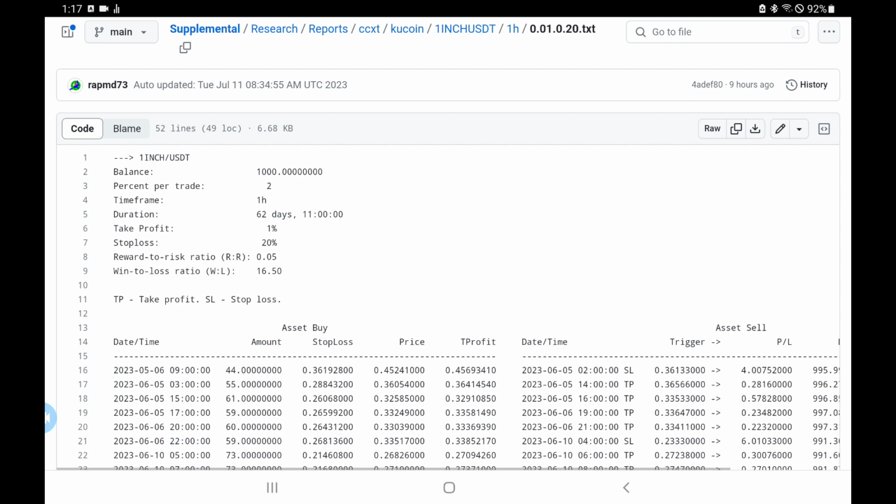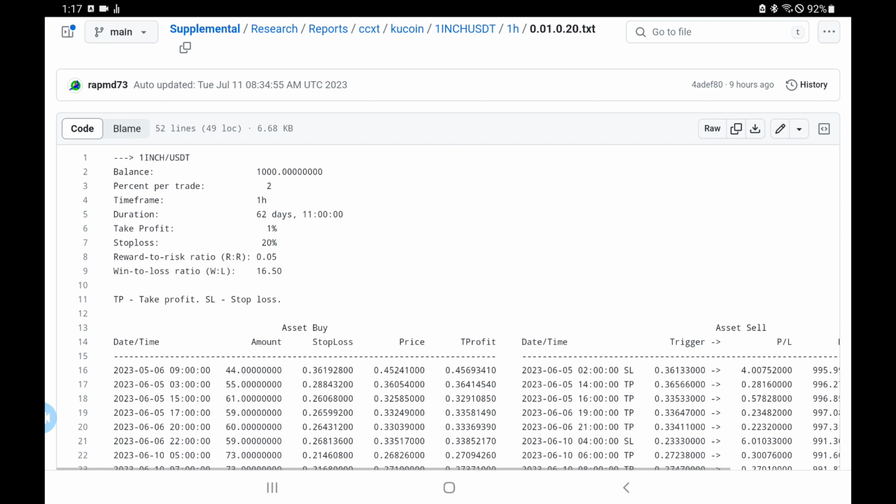My reward to risk ratio is 0.05. Or take profit 1%, stop loss 20%. So if my take profit was 1% and my stop loss was 1%, then my reward to risk ratio would be 1. And I'll demonstrate that in a few minutes. My win to loss ratio is 16.5.